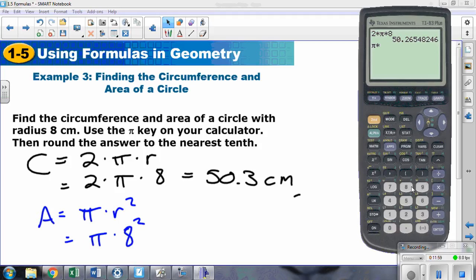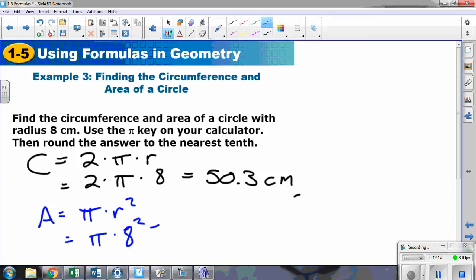Pi times 8 squared. Round that to the nearest tenth. We have 201.1. The 6 tells us to round up. And since it's area, we have 201.1 centimeters squared.